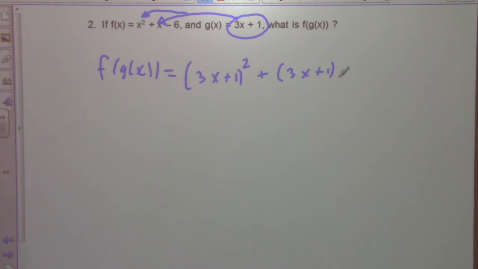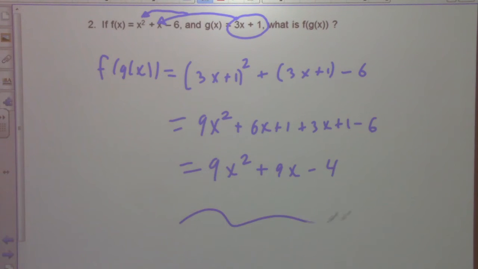And finally, we have this minus 6 over here. So you square this out, you get 9x squared plus 6x plus 1. And then you have plus 3x plus 1 minus 6, so you get 9x squared plus 9x, and then minus 4.